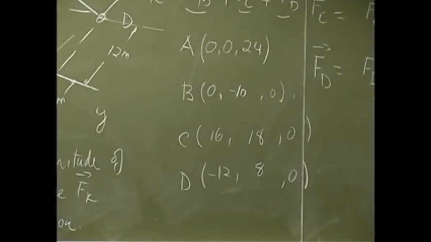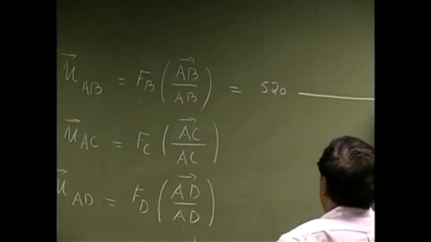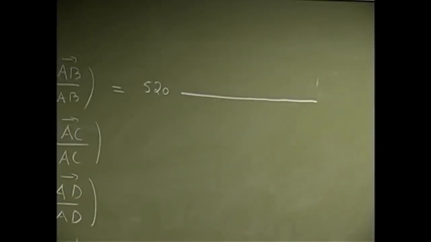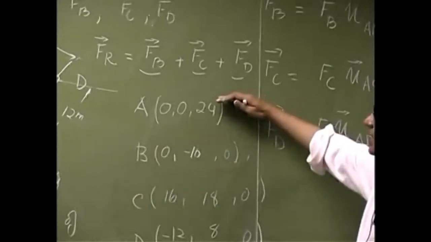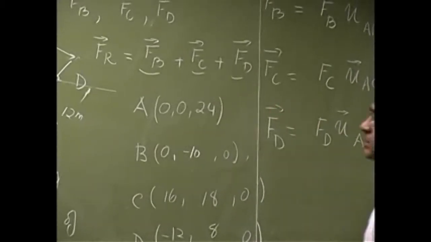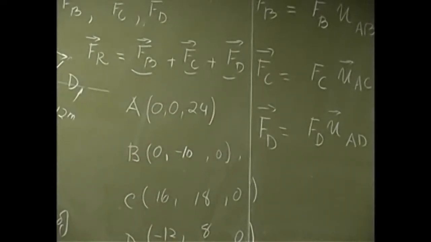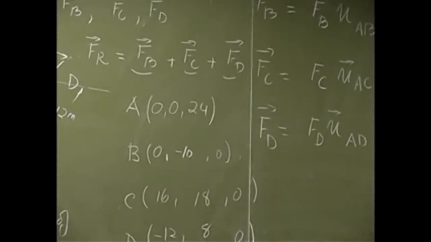Now, the force magnitude was known, it was 520. We need the vector AB. So what you're going to do is take the coordinates of B and subtract the coordinates of A, because B is the tip of the vector, and A is the starting point of the vector.